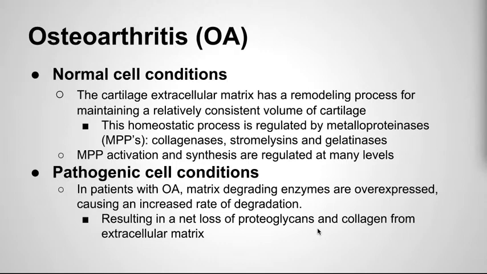So in summary, you've got cartilage, which basically acts as a shock absorber. It's constantly being degraded and remodeled within various joints. And in patients with osteoarthritis, there's too many of the proteins that break it down, and not enough of the proteins that build it up to offset that.